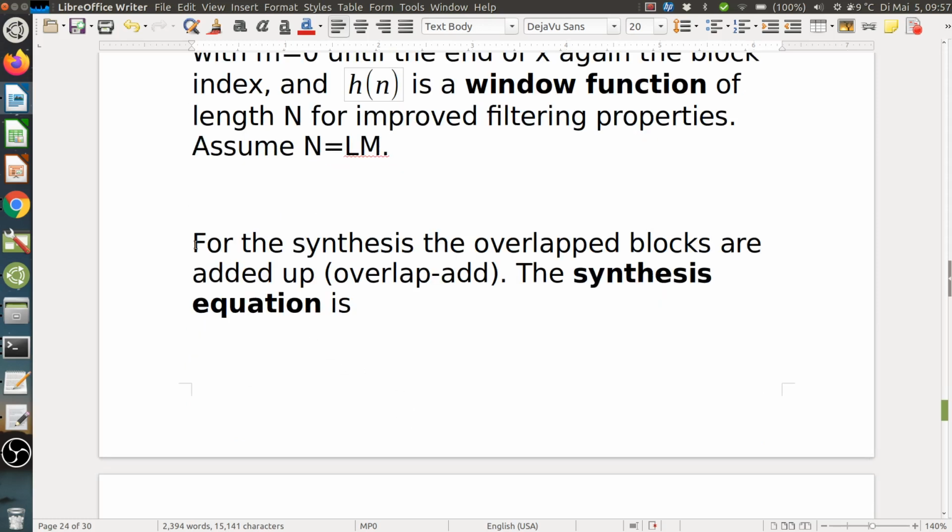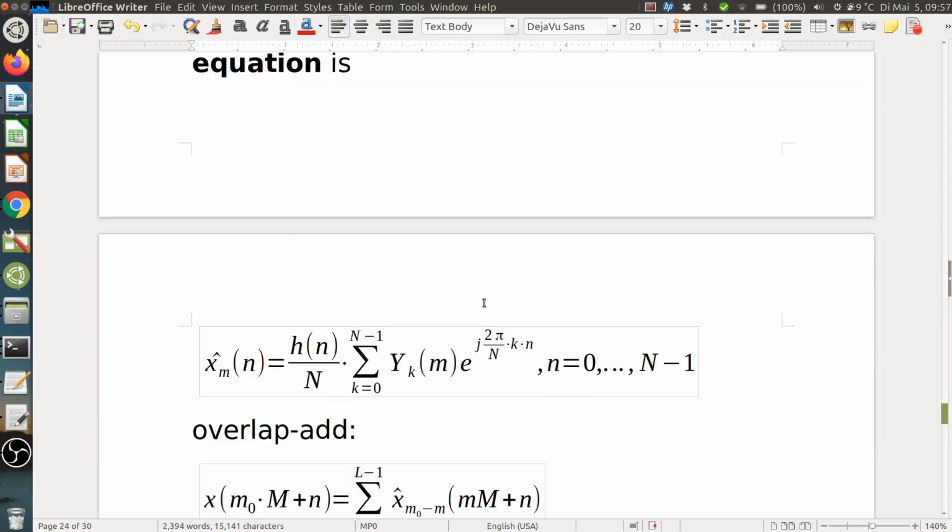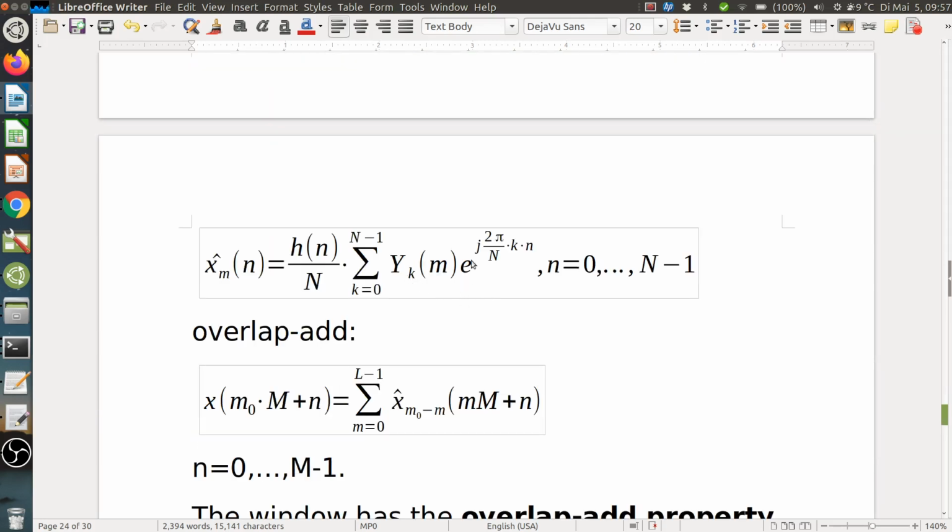And for the synthesis, the overlapped blocks are added up using a so-called overlap add. So the synthesis equation is this. We take our time frequency samples from the short time Fourier transform, from the sequence of DFTs, and apply the inverse DFT. Here you can see the inverse DFT going over the N subbands.